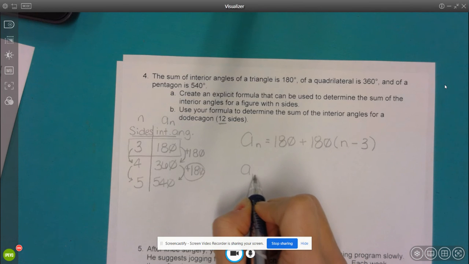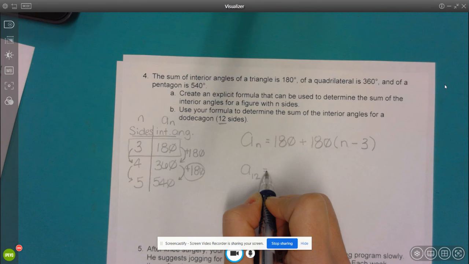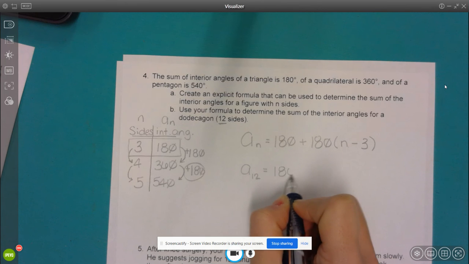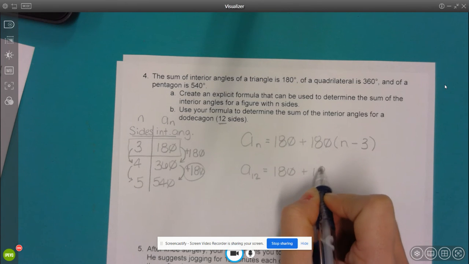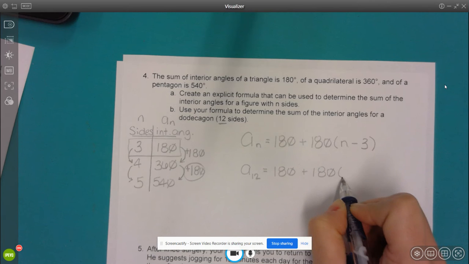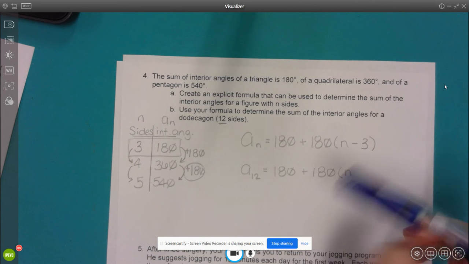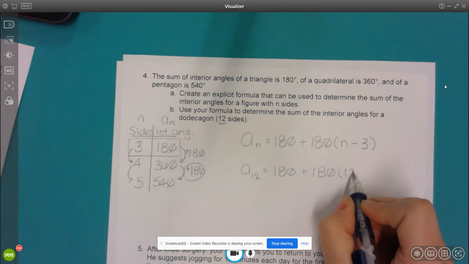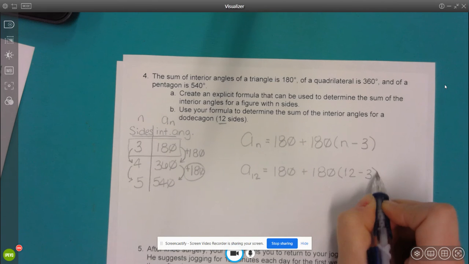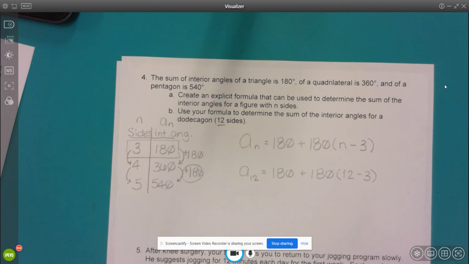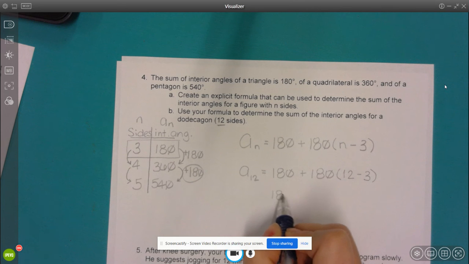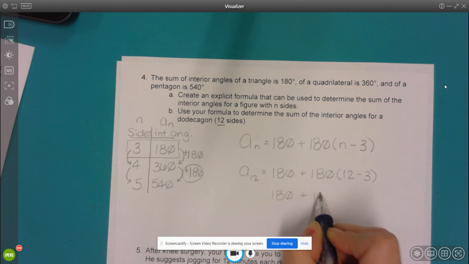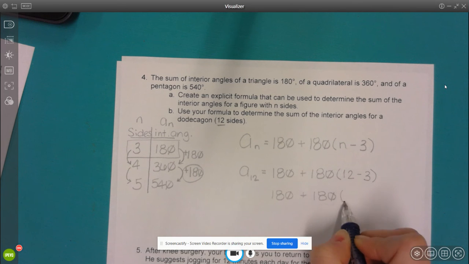So the output of 12 is 180 plus 180 times 12 minus 3. So I have 180 plus 180 times, well, 12 minus 3 gives me 9.